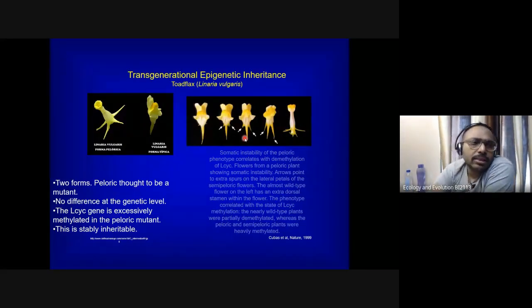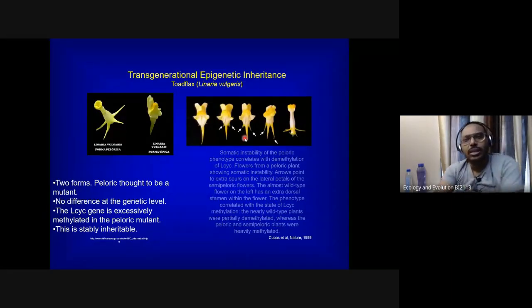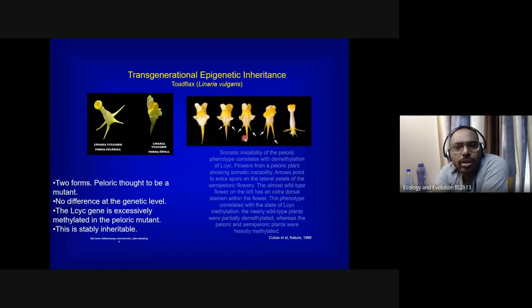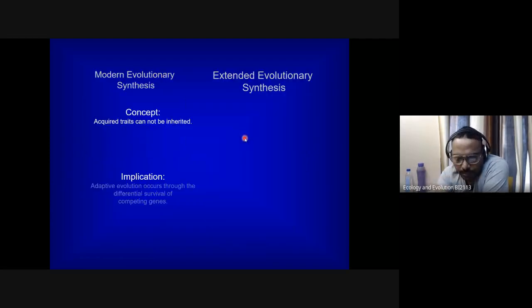So ever since, there have been a huge number of examples over the last 20-30 years which have shown beyond a doubt that there are several epigenetic changes which actually escape the epigenetic reprogramming during gametogenesis.